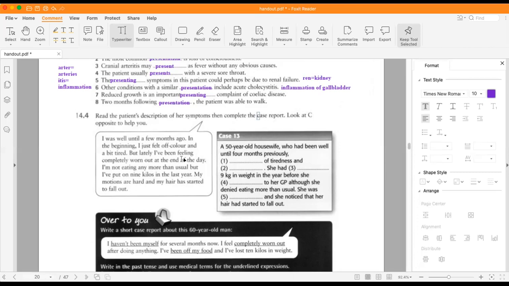So here, when we turn this general language into medical language in order to write it in the case report, we say a 50-year-old housewife who had been unwell until 4 months previously. What of tiredness? Here the answer will be complained. Complained of tiredness.